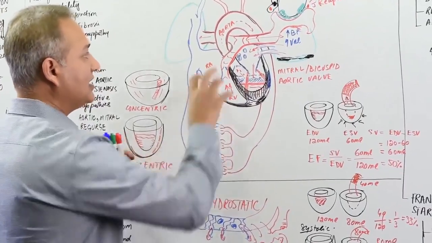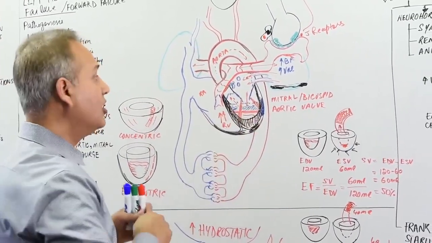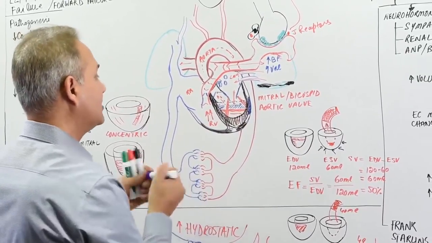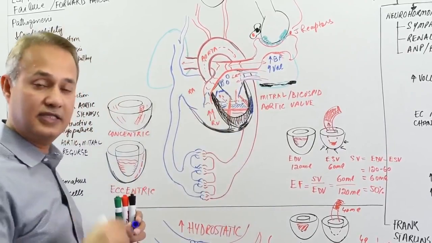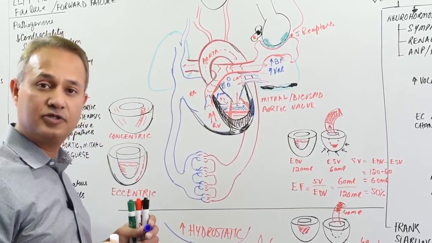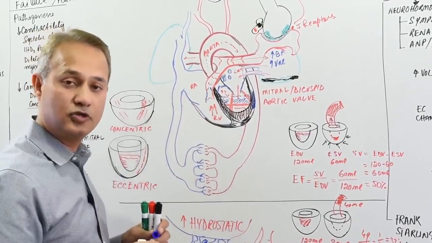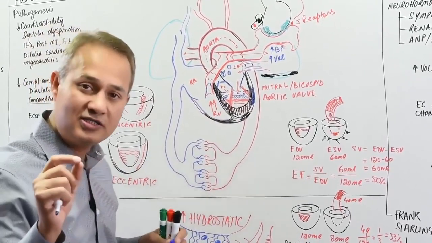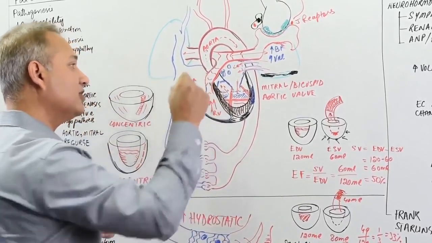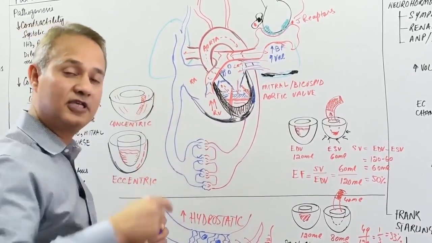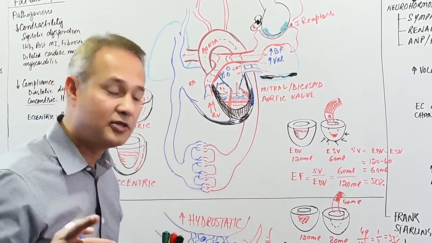You increase the afterload, hypertension, that would cause hypertrophy. Aortic stenosis would cause the hypertrophy, because now the heart is pumping against the stenosed valve. There is one situation, don't forget this one, where even after the hypertension or aortic stenosis, the patient still does not develop hypertrophy. Do you know how?